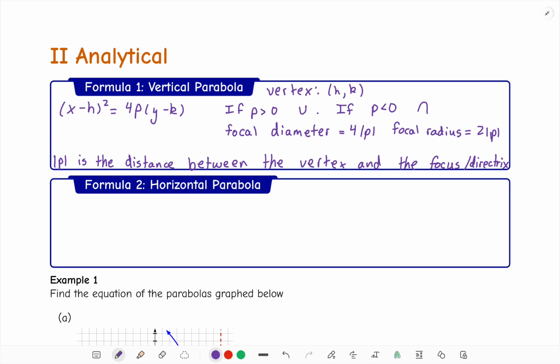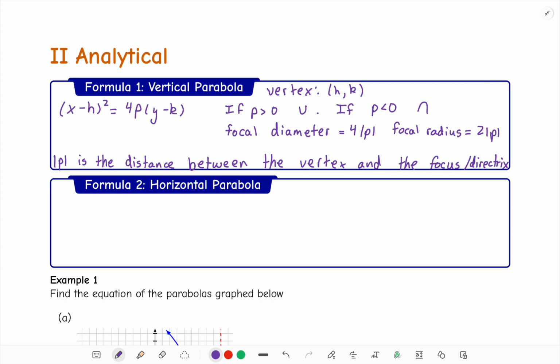Now, I'm not going to derive the formula for a horizontal parabola. I'm going to have you do that in the challenge problem of the worksheet for this section. And these are the only 2 types of parabolas that we're going to deal with in this course. But FYI, you can have slanted parabolas because the directrix can be any line. It doesn't have to be horizontal or vertical.